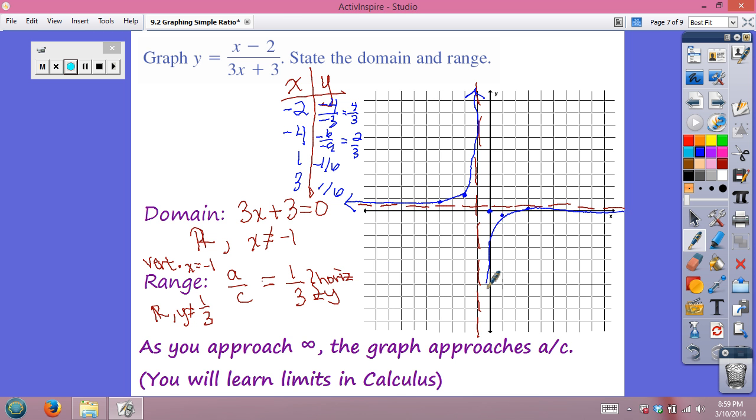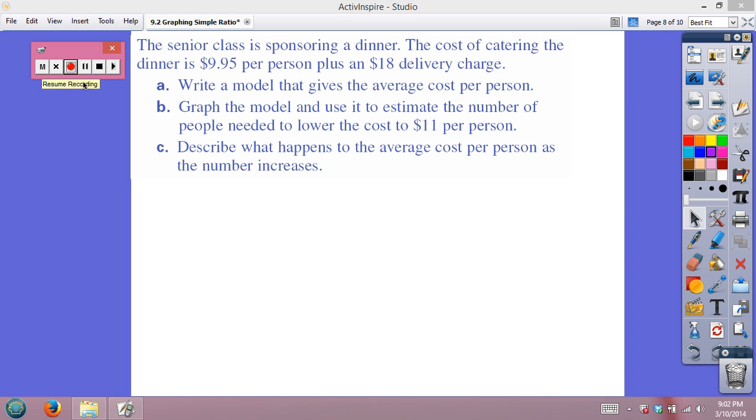But this function is just going to be a reflection of the parent function, so we're going to have our branches in the second and fourth coordinate instead. Notice as you approach infinity, the graph is going to approach the a over c line, which is a limit, and you'll learn more about that in calculus.